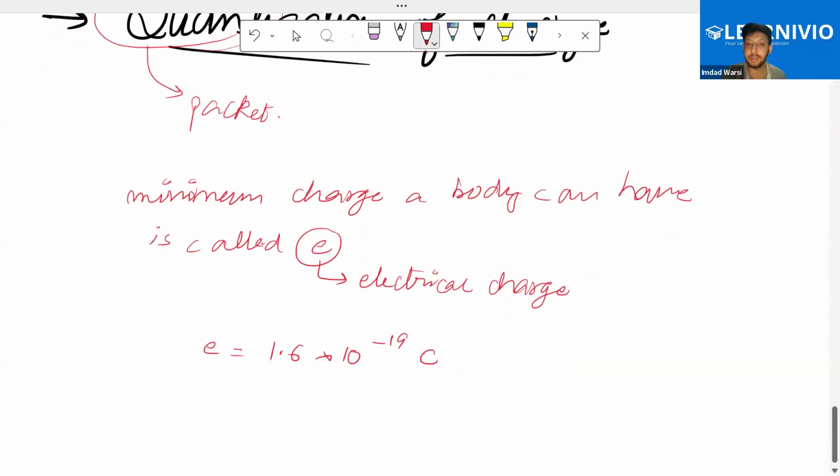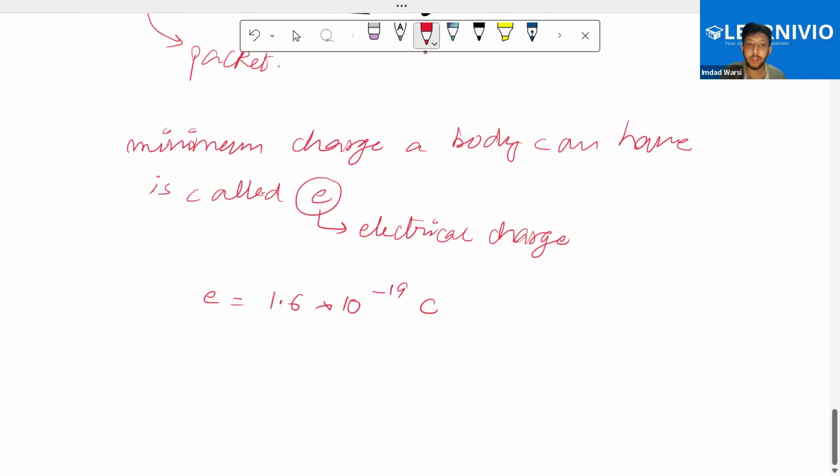Okay. And E is electrical charge, right? Now if I have to write what the charge of an electron is, because the electron is negative, I'll say minus 1.6 into 10 to the power minus 19 coulomb.